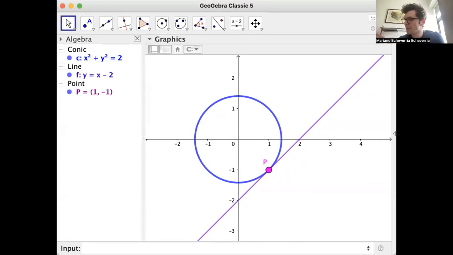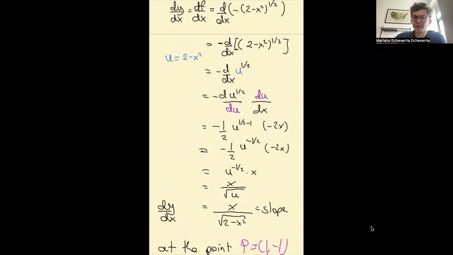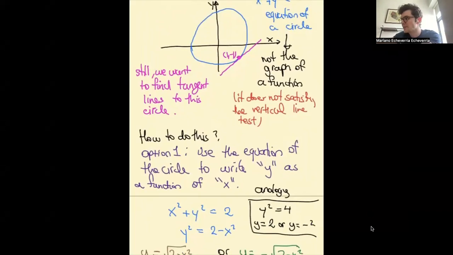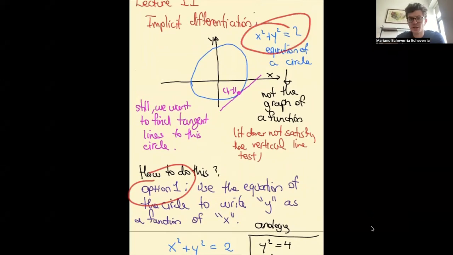Just to recap what I just did, if you wanted to find the slope of the tangent line, what we did in this method, the first option, what I'm calling option 1, was just to take the equation that you were given and try to solve this equation for the variable y.